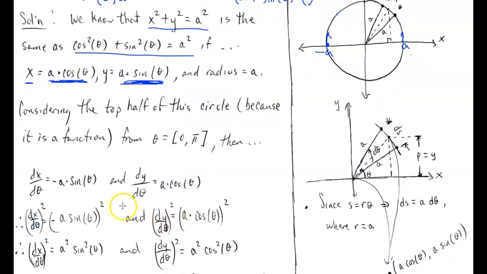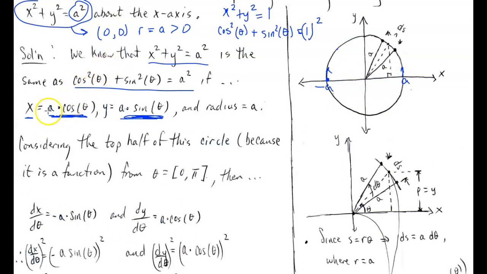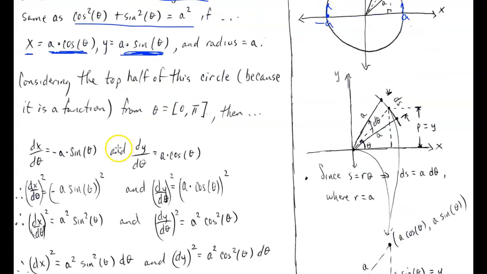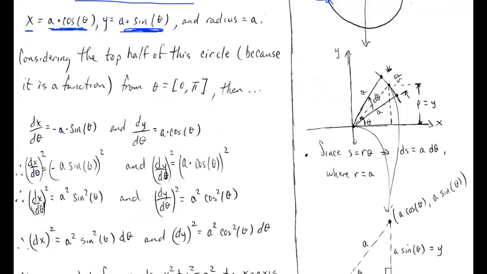Now, if we take the derivative of our function x, which is a cosine of theta, and the derivative of y, which is a sine theta, if we take the derivative of those things with respect to theta, then once we do all of that, we'll end up getting a squared sine squared and a squared cosine squared respectively, okay?